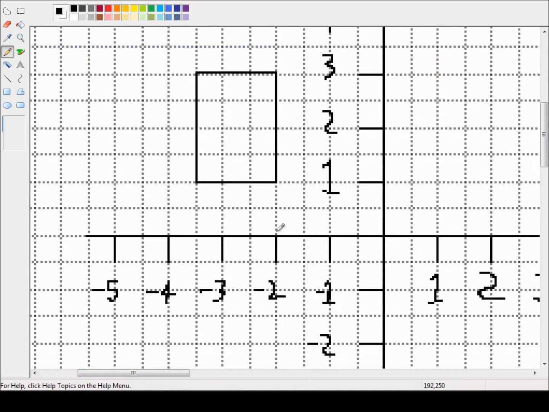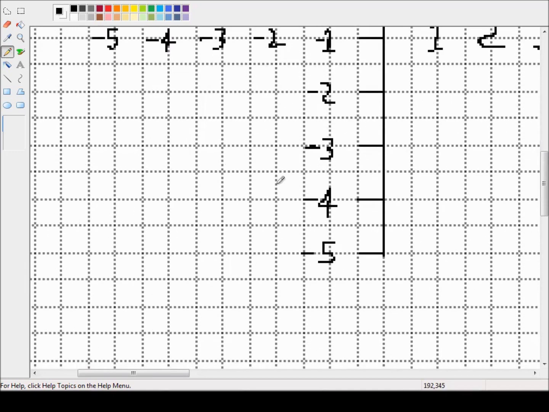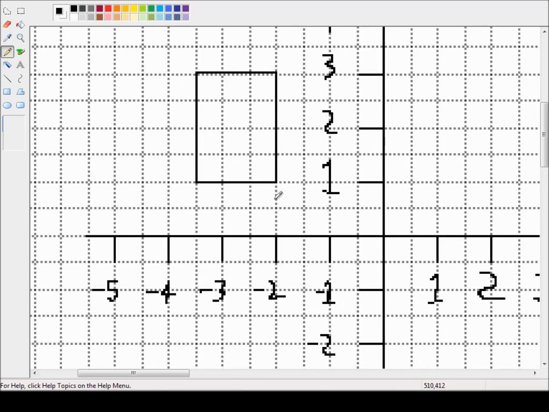So we're staying at -2, but 1 minus 5 is -4. So we're going down to -4, and so it's -2, -4, and this is the vertex.